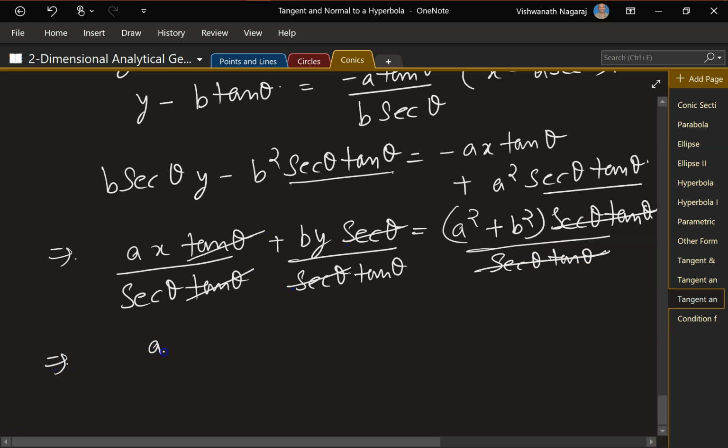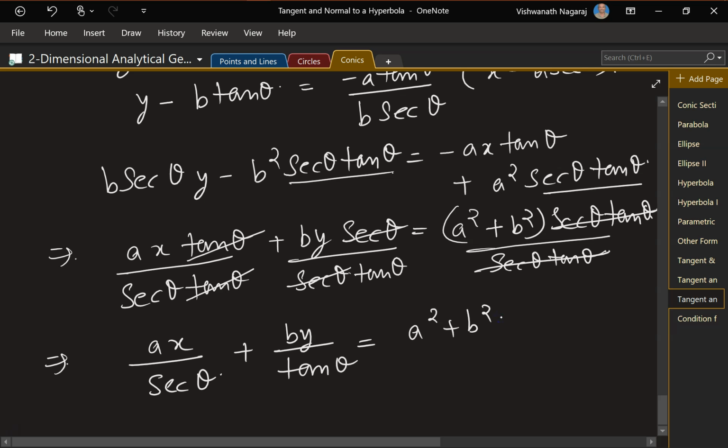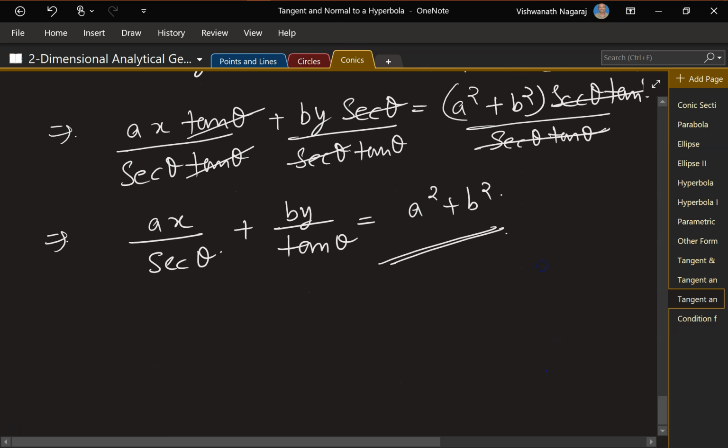So we are left with ax by sec theta plus by by tan theta is equal to a square plus b square. So this is the equation of the normal of a hyperbola at x1, y1.